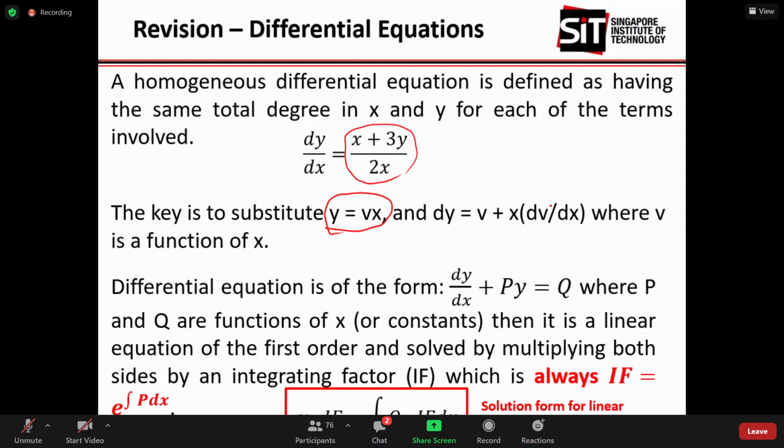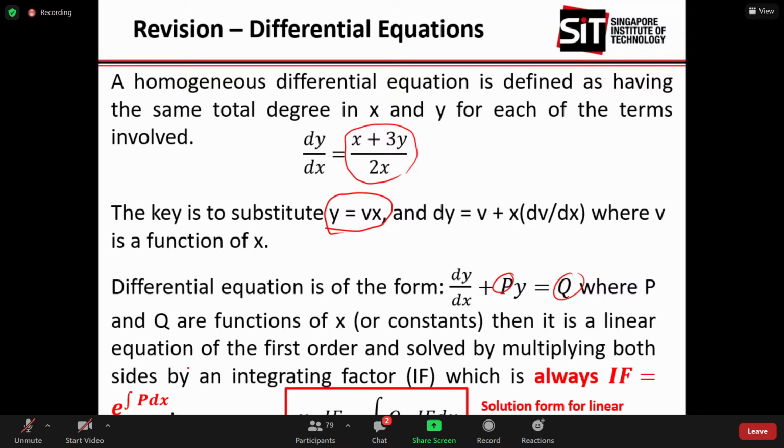We then have linear differential equations, which are in the form dy/dx plus py equal to q, where the terms p and q can be either constants or functions of x. To solve this type of equation, you need to identify the integrating factor.